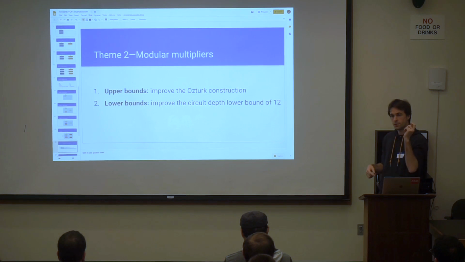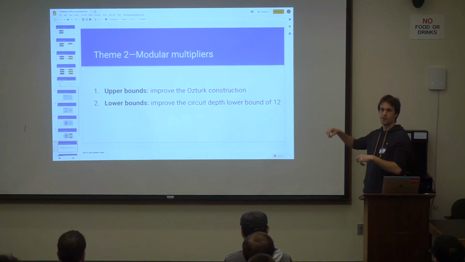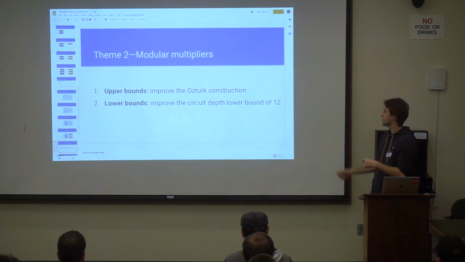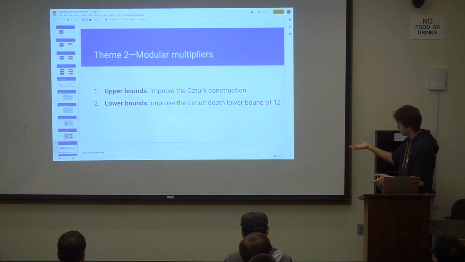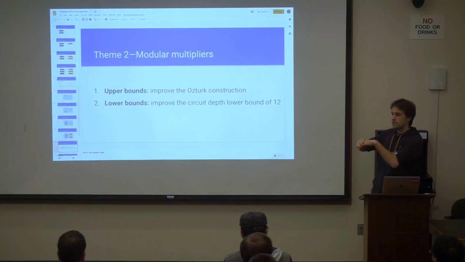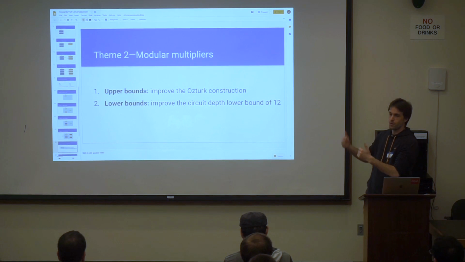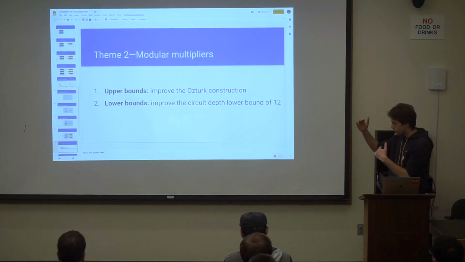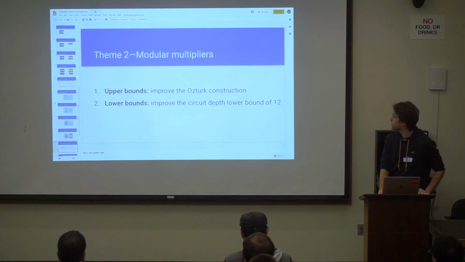Every single input bit can influence the most significant bit of the result of the square, and hence you have this lower bound of 12. The question is, can you improve upon that? The good news is that this lower bound of 12 is actually not too far away from what we can do in practice, but it would be nice to squeeze that as much as possible.